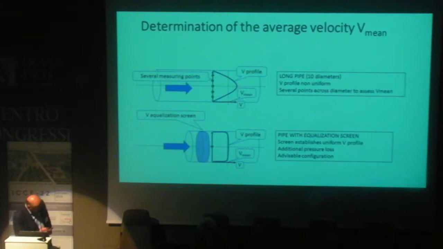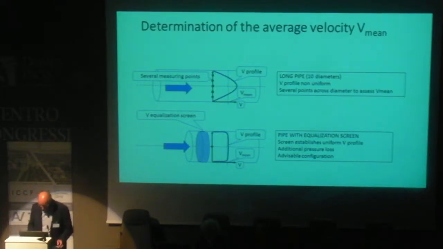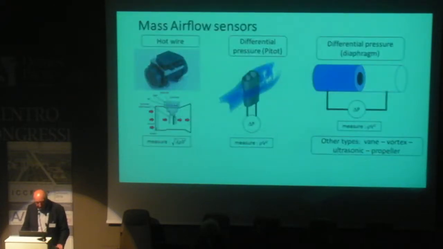In the industry, when we want to have such measurements, in most cases, we use a tranquilization, equalization screen like that, that makes the velocity profile almost flat just behind this screen. We are going to see an example. Mass airflow sensors already exist in the industry.